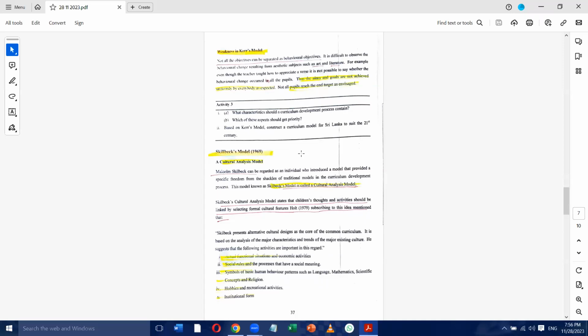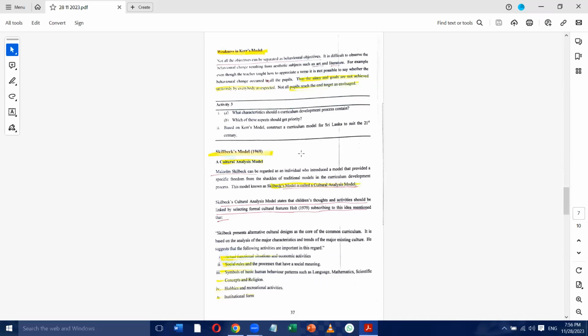So the cultural desires or the expectations of the society are going to be the main part of the common curriculum. It is based on the analysis of the major characteristics and trends of the major existing culture. So he suggests that the following activities are important in this regard.